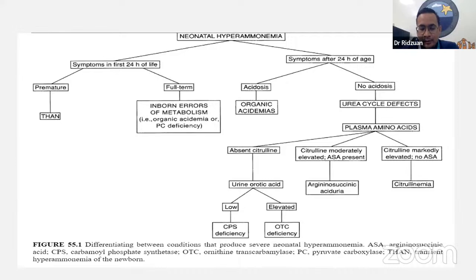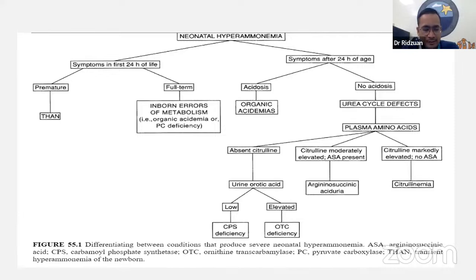If the symptoms occur in the first 24 hours, mostly it is a transient hyperammonemia, or it might be due to other inborn errors of metabolism, such as organic acidemia or what they call pyruvate carboxylase deficiency. If the symptoms occur at a later age, usually a urea cycle defect or an organic acidemia occurs in infants.